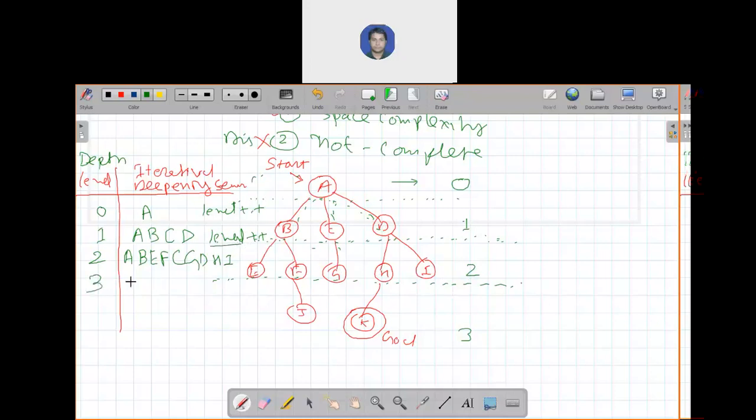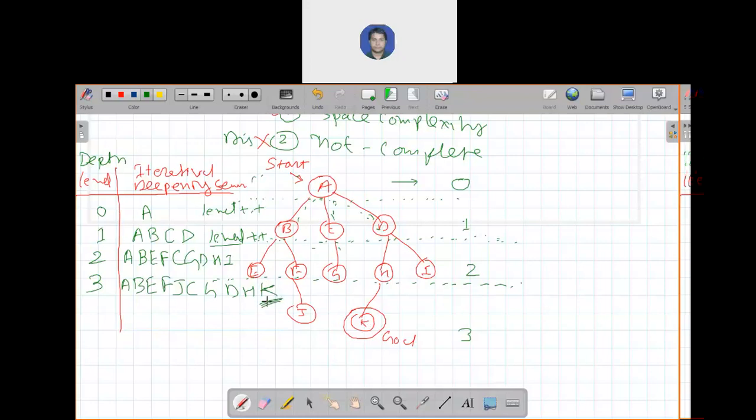Now you will search your goal state till level 3. In the same order, following DFS, you will follow A, B, E, F, J, C, G, D, H, and after H you will search K. Now you compare your current state K with the goal state, and you will find it is the goal.